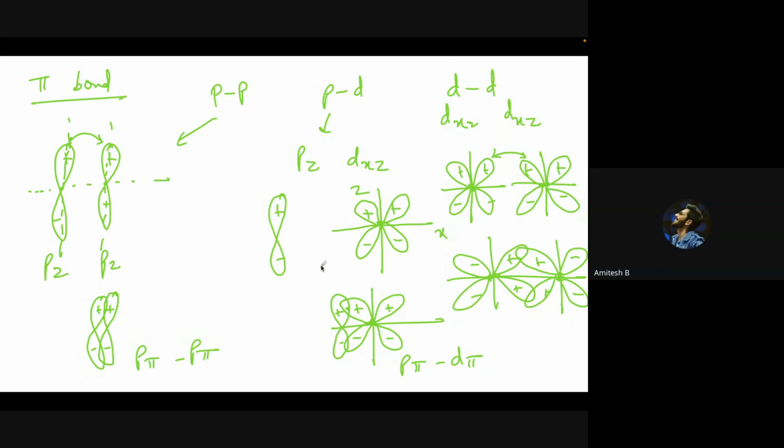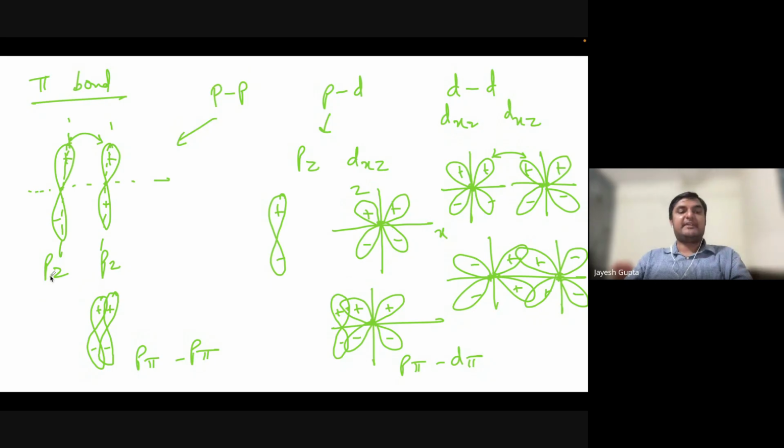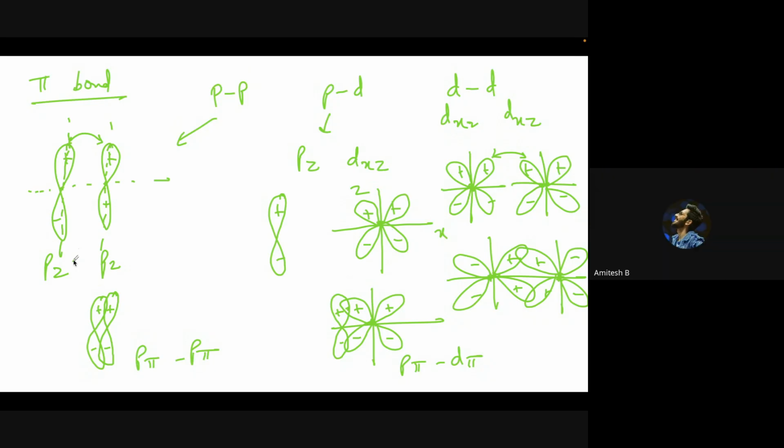So the internuclear axis, like I have taken pz, so the Z axis is the internuclear axis. That axis divides your whole orbital into two halves and passes through the center of mass. So you can say if the internuclear axis is parallel, then a pi bond is formed. And in the case of P and D, you have to define the axis: the Z axis of dxz and the internuclear axis of the p orbital, like this. Understood? Yes, sir.